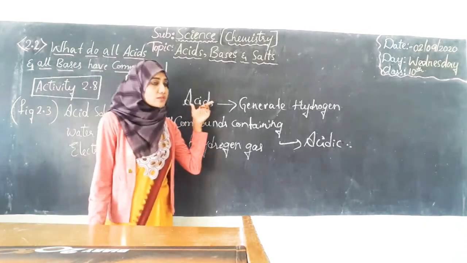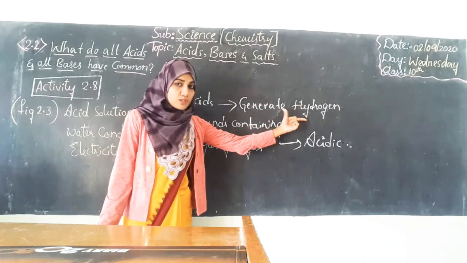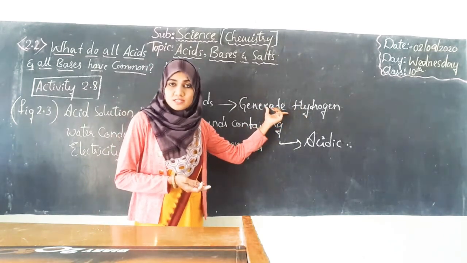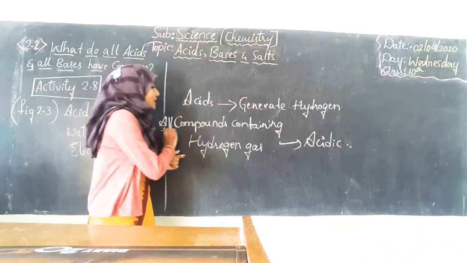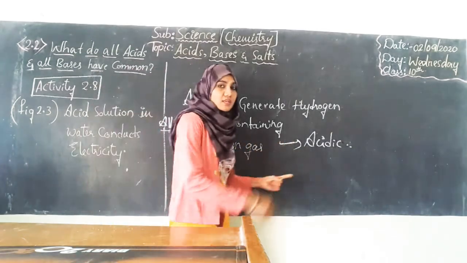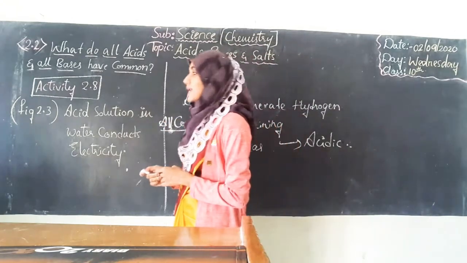We know that all acids will surely generate hydrogen gas based on the activities that we conducted previously. So now we will see whether all the compounds containing hydrogen are acidic or not. To check this, we need to conduct an activity.